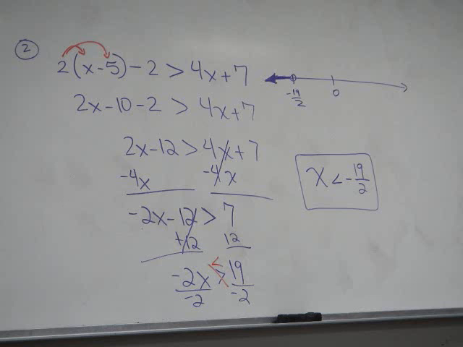Now when you're doing equations, I told you it didn't matter whether you subtracted the 2x or the 4x, it makes no difference. Here, I'm going to tell you that things will be easier for you if you subtract 4x from both sides to keep the variables on the left. So we're going to subtract 4x.